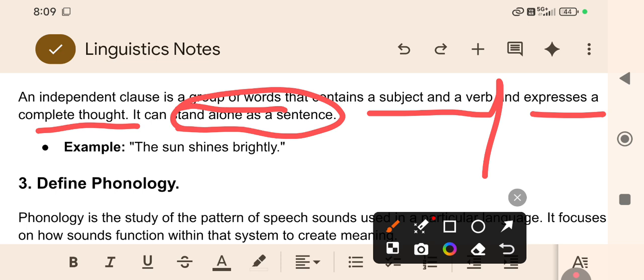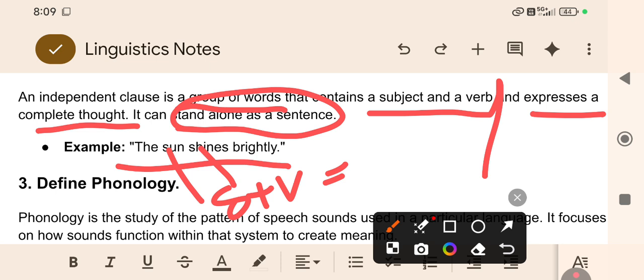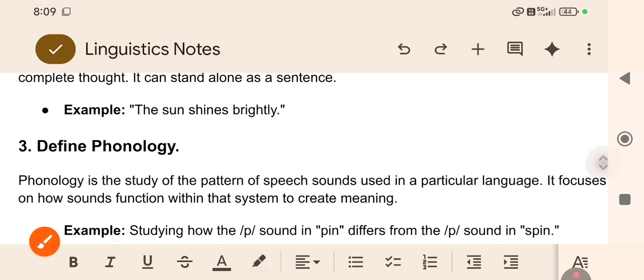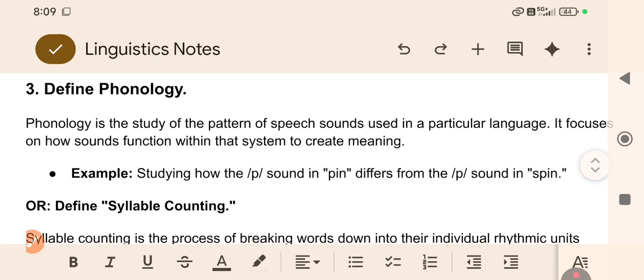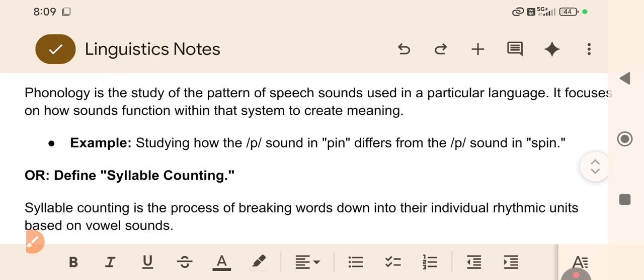That's an independent clause because of the combination of subject and verb. So that is called an independent clause, which does not depend on any other clause, right? So that is, I write articles, right? That is an independent clause.